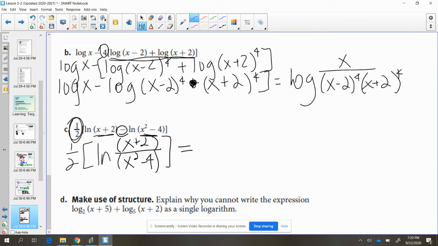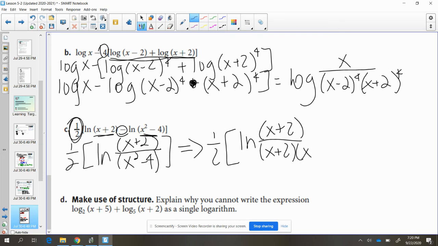And the reason I want to look at this first is because, a reminder, we have x plus 2. X squared minus 4 is a difference of two squares, so if we factored it, we should get (x plus 2)(x minus 2), and these could cancel, right? And we could simplify there.